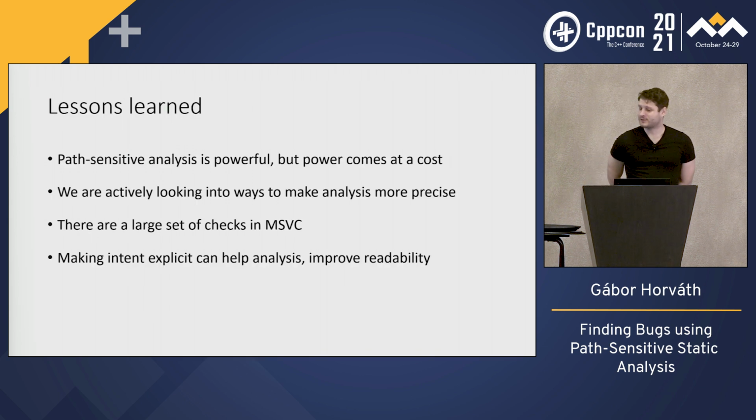So I would like to summarize some of the lessons learned in this talk. Path-sensitive analysis is really powerful, but it comes at a cost. Usually, this cost materializes in runtime and also memory consumption. But it is more precise, and it can also give error messages that are easier to understand.